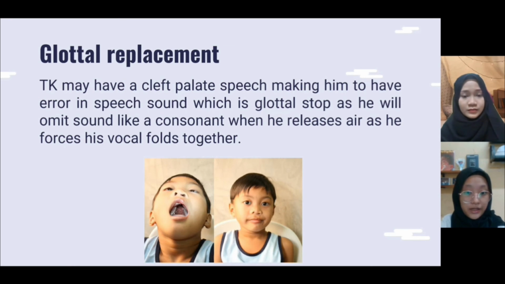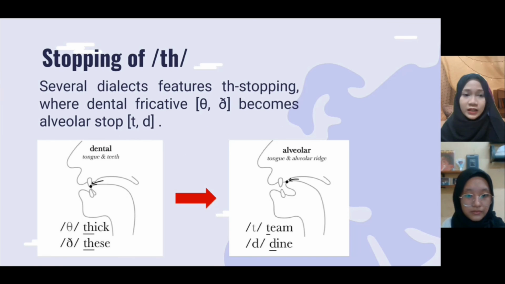I will now let Sahira lead the presentation. Thank you, Nik. Now we resume the presentation with the stopping of th. Several dialects feature th stopping, where dental fricative th and z become alveolar stop t and d.